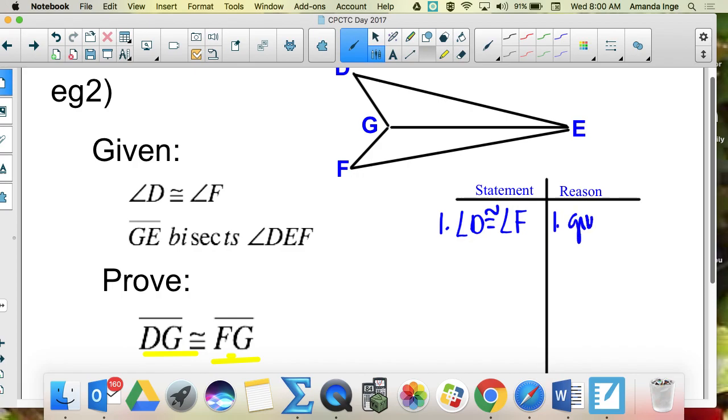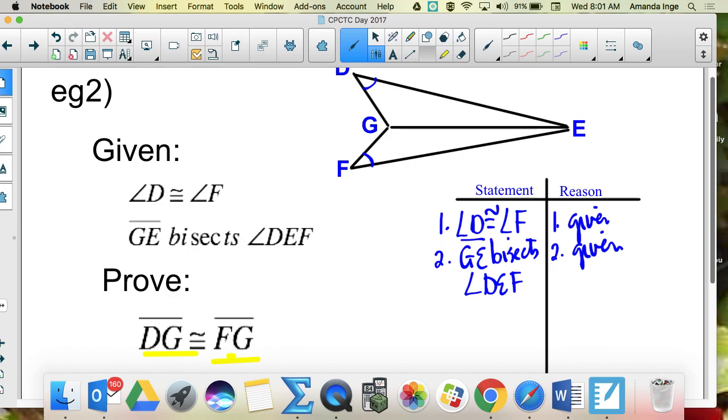which is given. We'll mark that. Then we're given that GE bisects angle DEF. That's given.